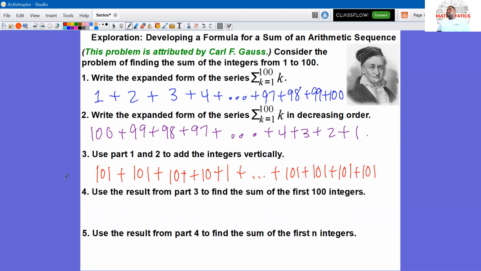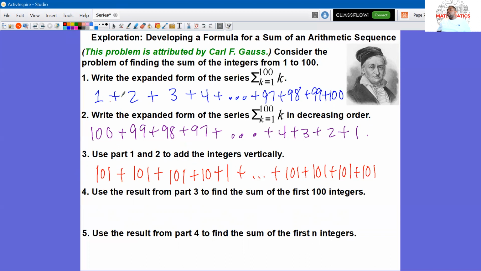Okay? You get 101. Part 4 says use the result from part 3 to find the sum of the first 100 integers. So what we actually did here is we added the numbers twice, right? Okay, so we found the sum of the first 100 integers.